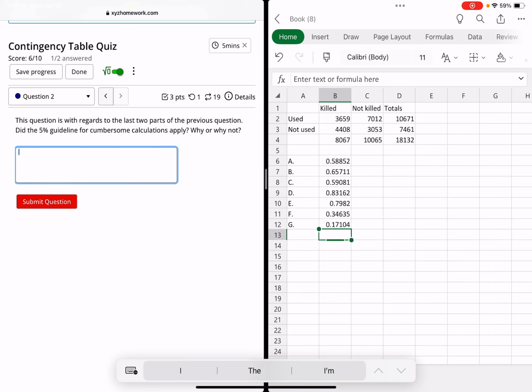The answer is yes, because the sample sizes of 2 and 3 were less than 5% of 18,000.